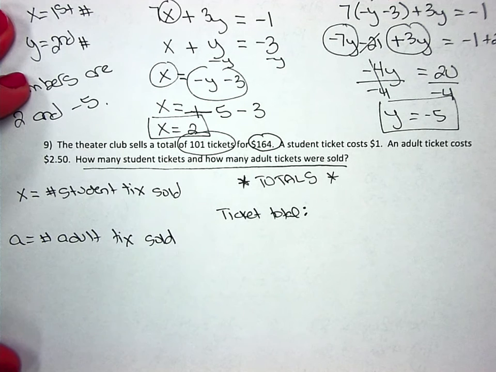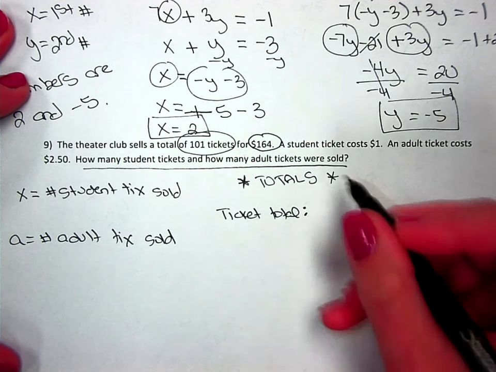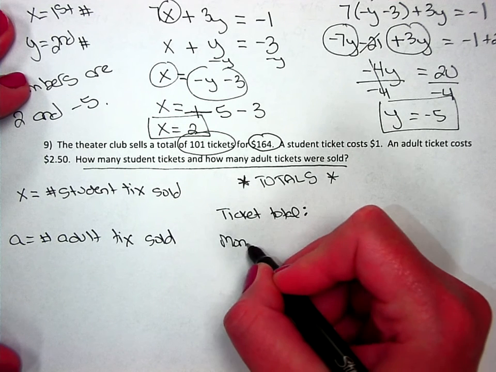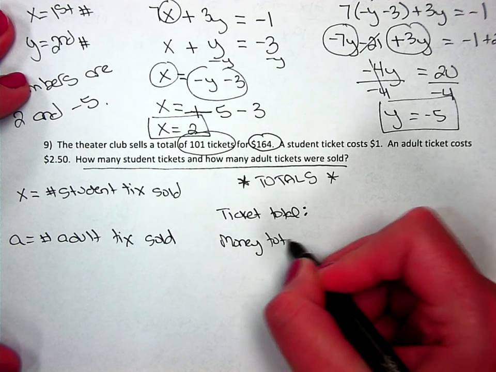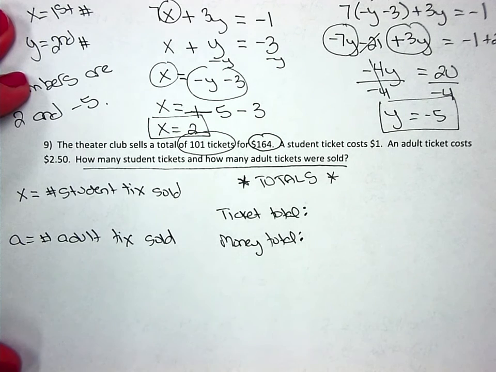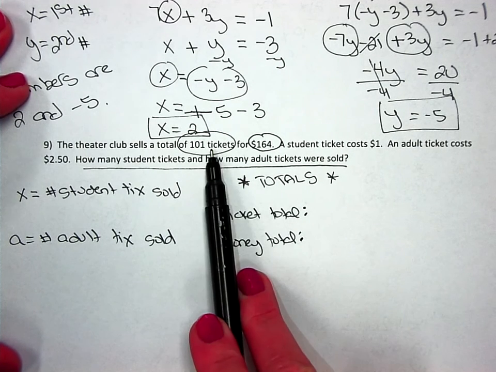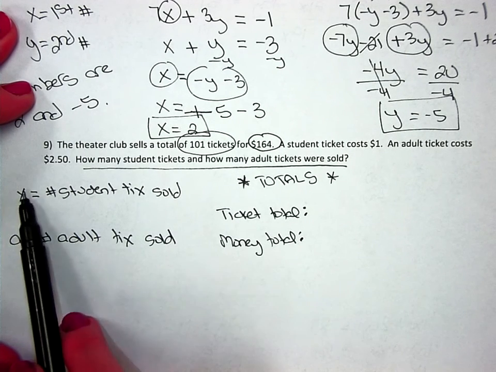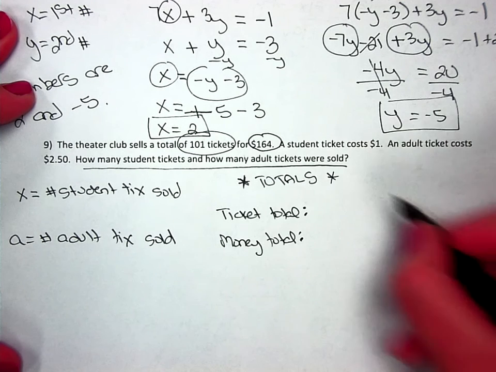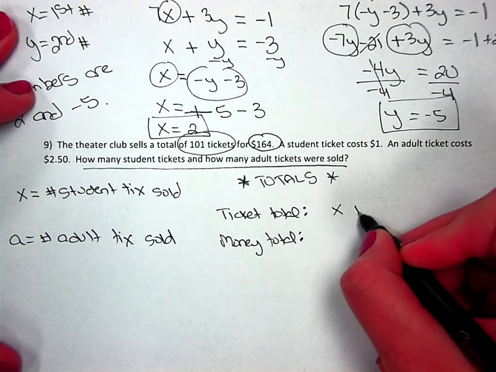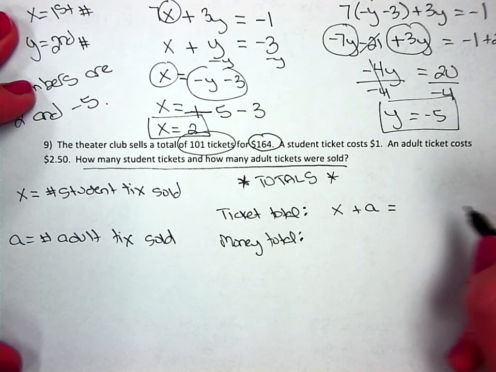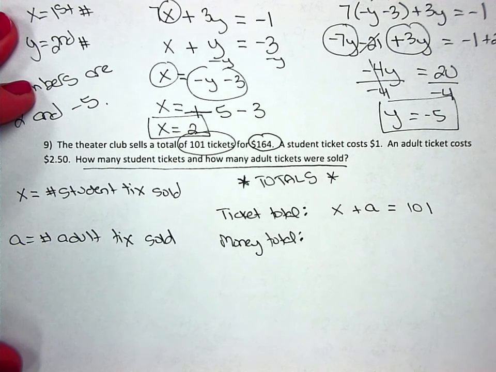So I'm going to write a ticket total equation. And then I'm going to have a money total equation. So for my number of tickets, that's just my X and A. So I sold some student tickets, I sold some adult tickets, and I sold a total of 101 tickets.